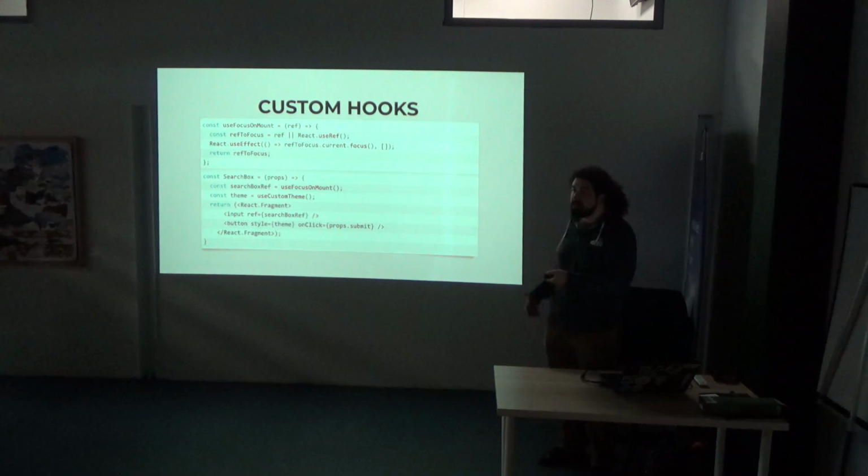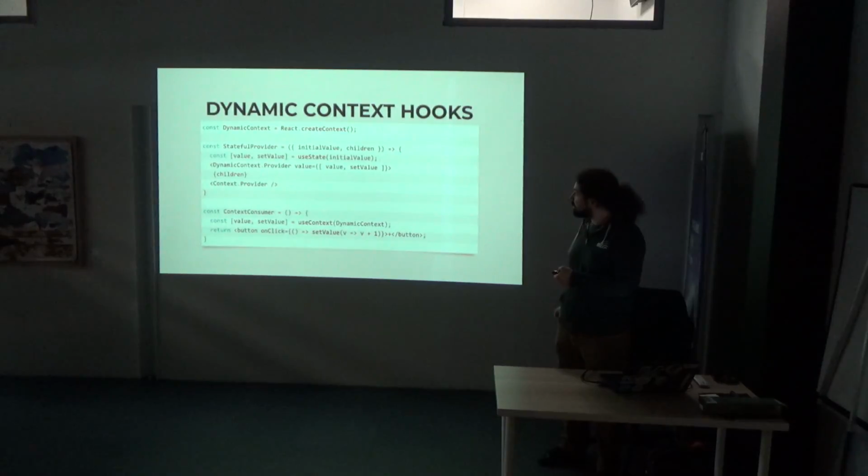We can use the theme. So you can now imagine and appreciate that if we wrote that as a class, that class would be littered with more stuff like the context, and this would be divided into several different methods. Now it's very easy to encapsulate that logic and reuse it across all of your components.